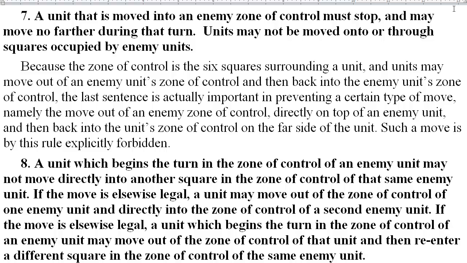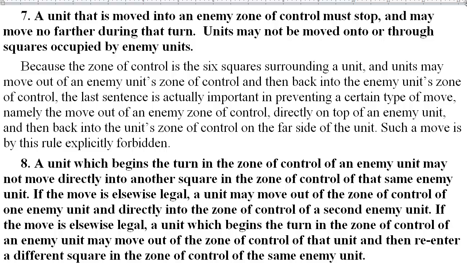Now we come to the rules that lead us toward combat. If you move a unit into an enemy zone of control, it has to stop there. It can move no farther during the turn. If you're starting in a zone of control of a unit, you cannot move directly to another square in the zone of control of the same unit.